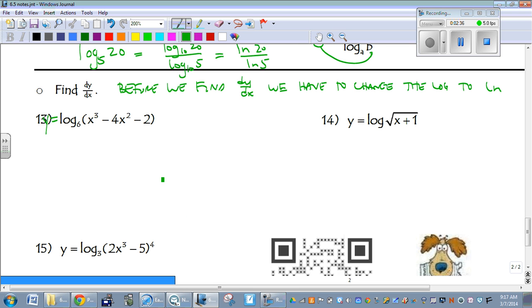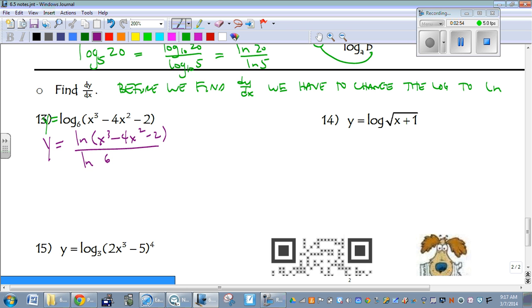So for number 13, not doing any derivatives yet, we're just going to rewrite this, y equals natural log of this whole thing up top over natural log of 6.